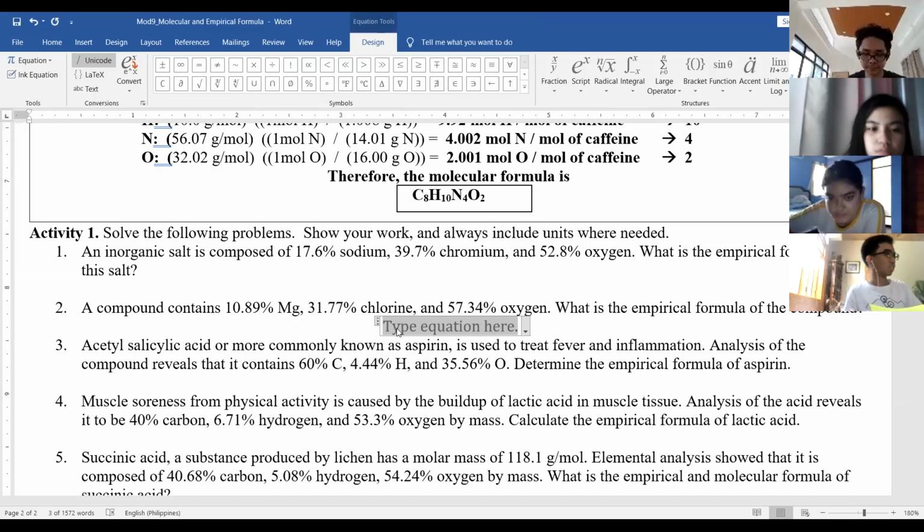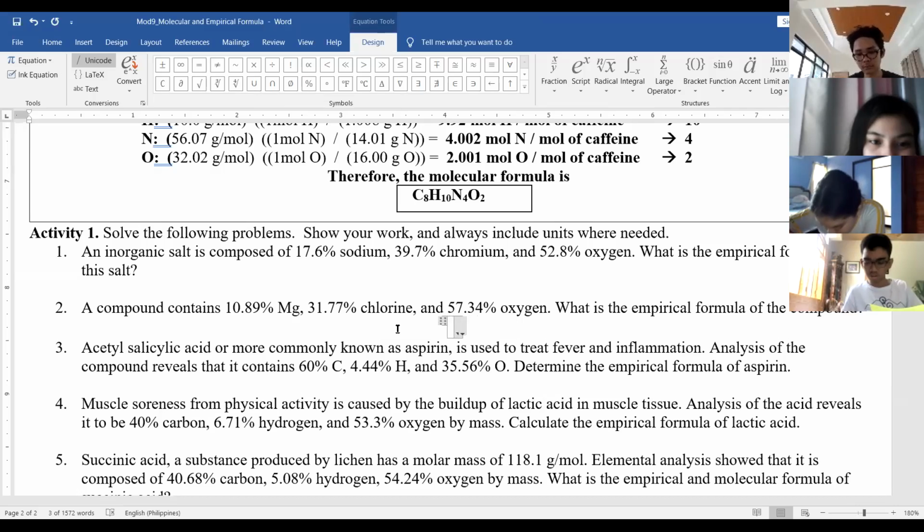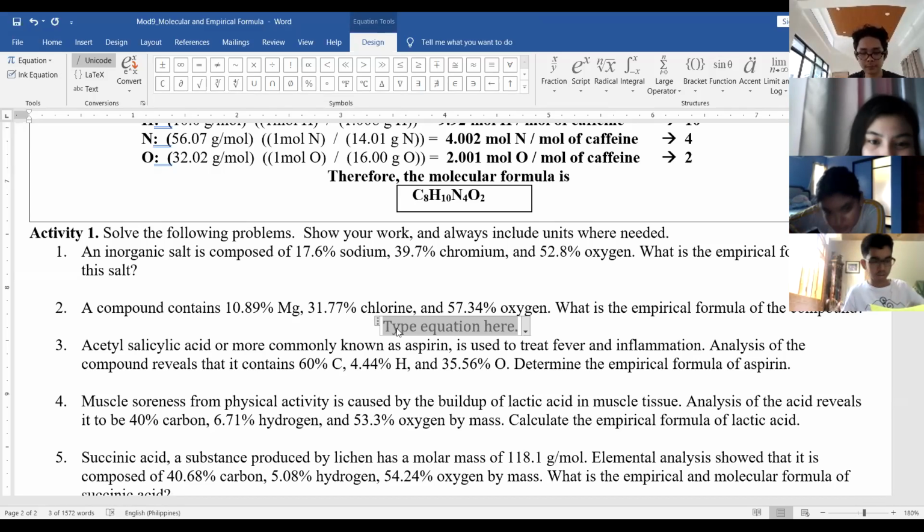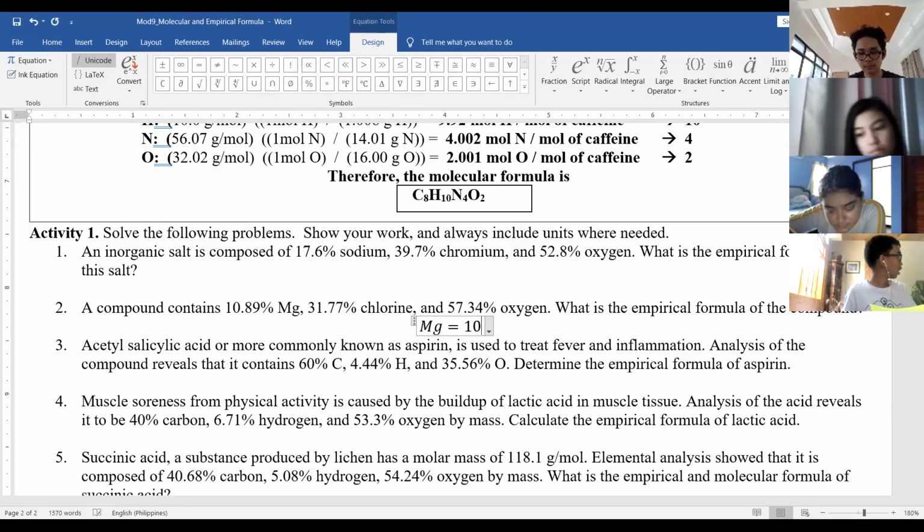For the first step, change the percent to mass. So magnesium in this percentage composition, which is 10.89, will have 10.89 grams. So change the percent composition to mass. And what is your basis? You'll use the 100-gram sample. So 100 times 10.89% or 0.1089 is 10.89 grams.